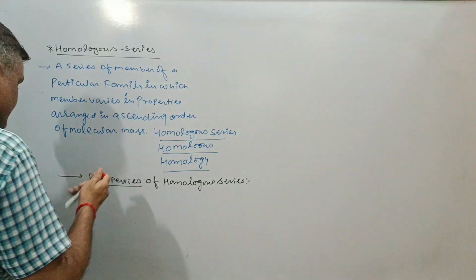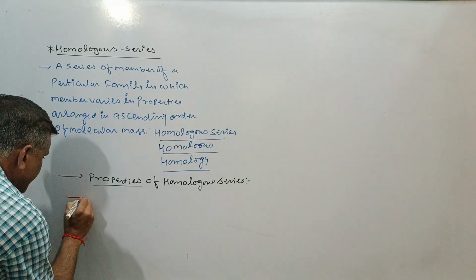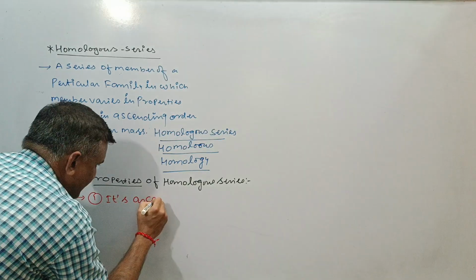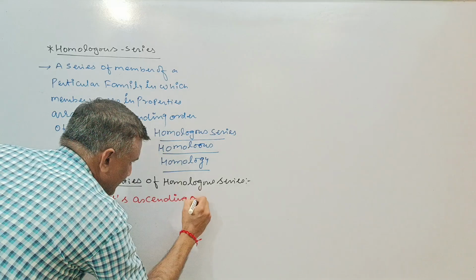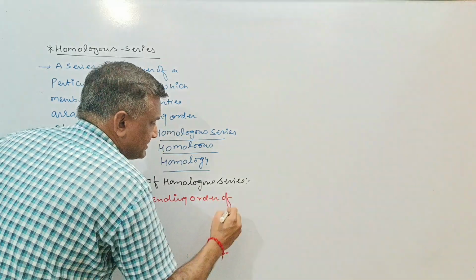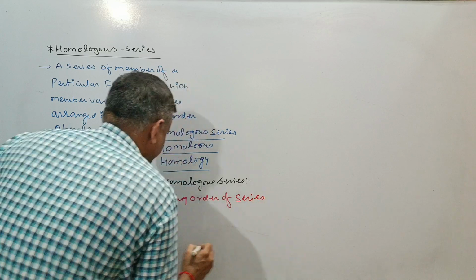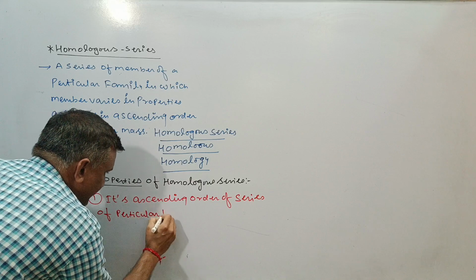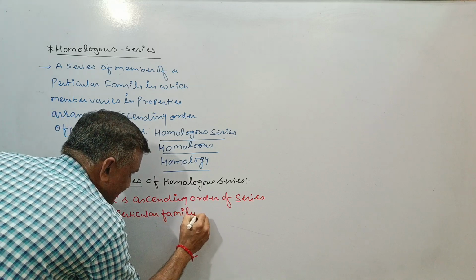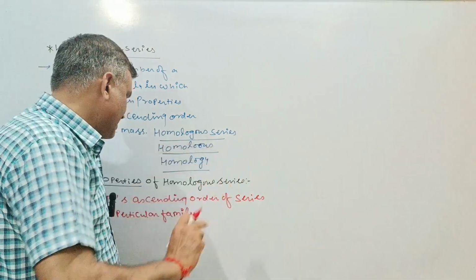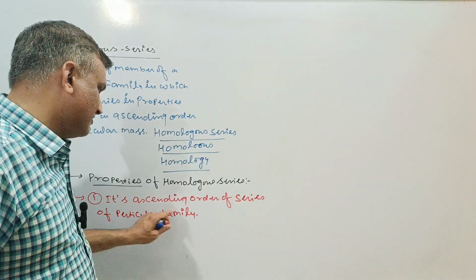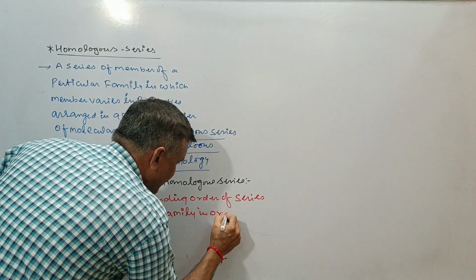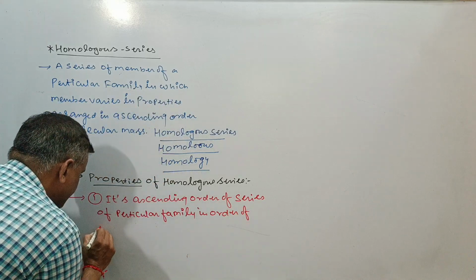The first property is its ascending order of a series of a particular family, meaning पर इस सीरीज में इंक्रीज होगा उसका molecular mass. So it is in ascending order of a particular family in order of molecular mass.